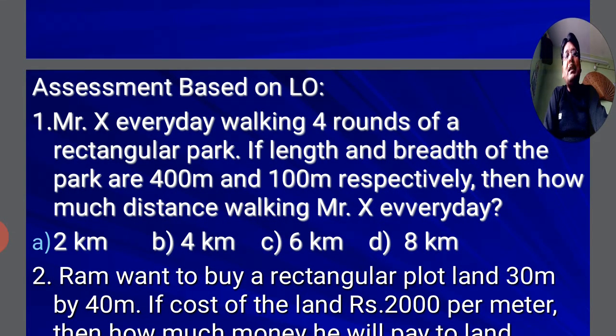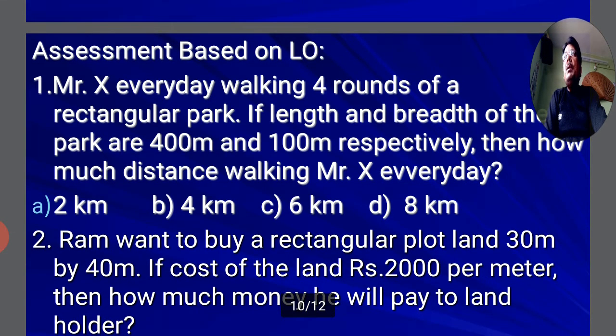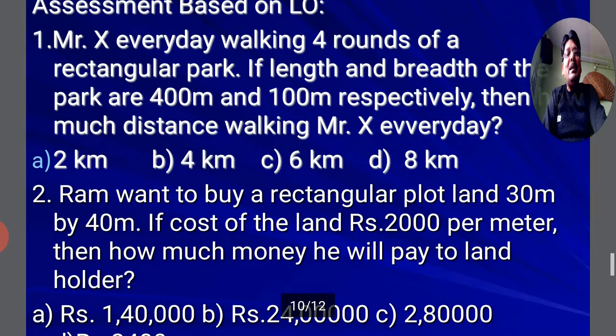If students know the formula, since they have already deduced that the perimeter of a rectangle is 2 within the bracket length plus breadth, then after putting in the length 400 meters and breadth 100 meters and simplifying, they can easily find the correct option. I do not disclose the answer.